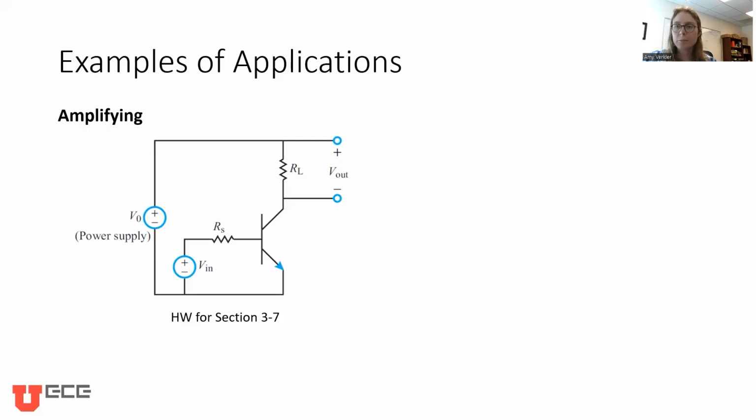Okay, first we'll look at an example of a circuit that amplifies the current. So we have a BJT here, so we're going to use that equivalent model of a dependent current source here.